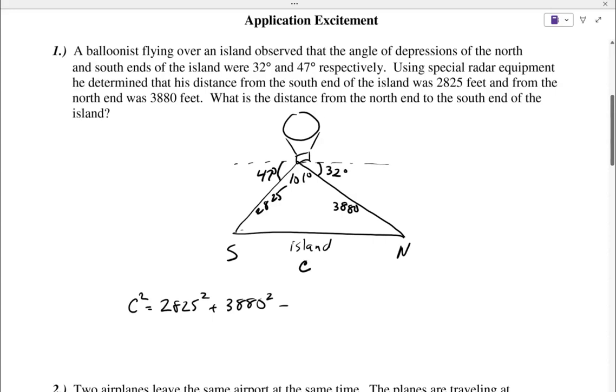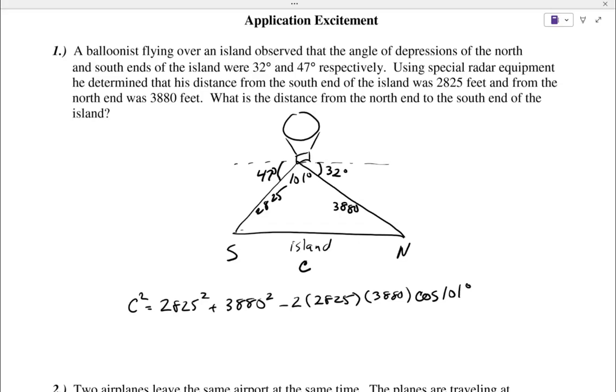minus 2 times 28.25 times 38.80 times cosine of 101. Right, this is just a straightforward application of the law of cosines. Once you find this angle at the top, it's the included angle.